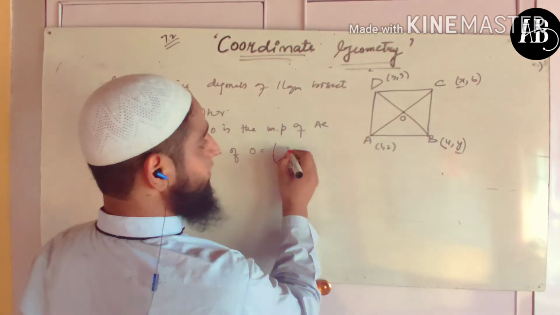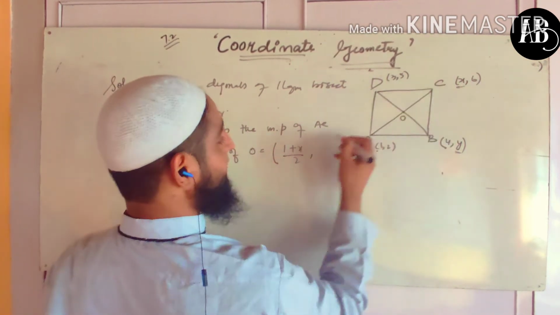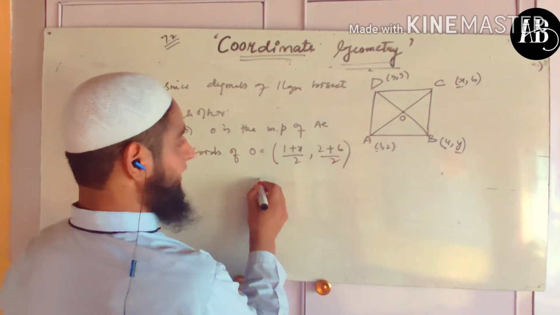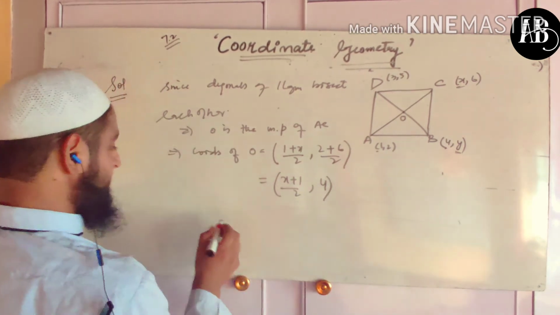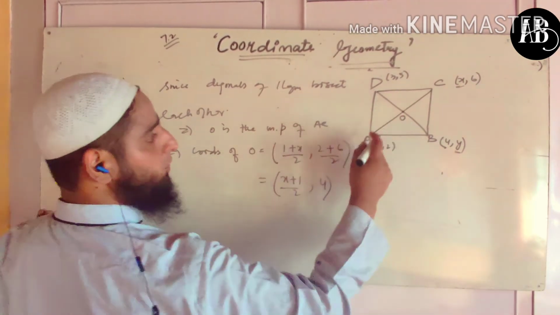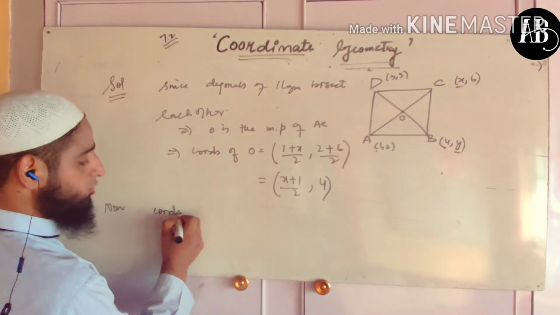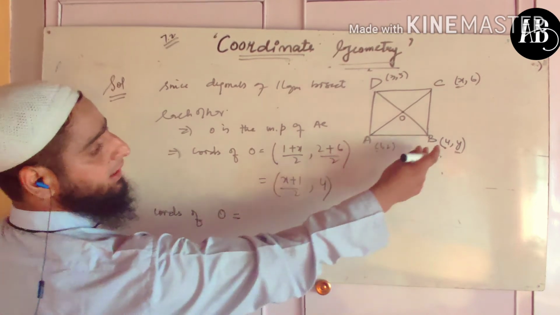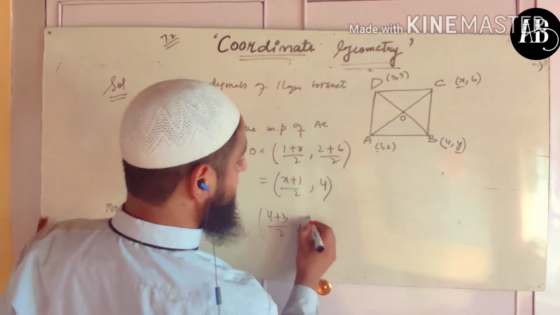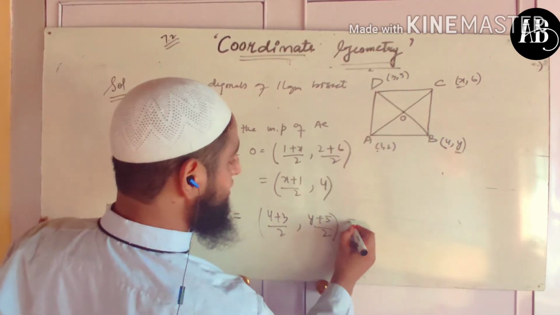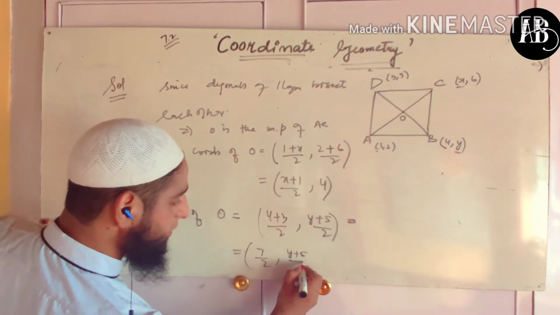Just use here (1 + x) divided by 2, first plus first divided by 2, y coordinate plus y coordinate divided by 2. It means (x + 1)/2, 8/2 is 4. If O is the midpoint of AC, O is also the midpoint of BD. Now coordinates of O, here (4 + 3)/2, and second coordinate (y + 5)/2. How much is it? It is 7/2 comma (y + 5)/2.